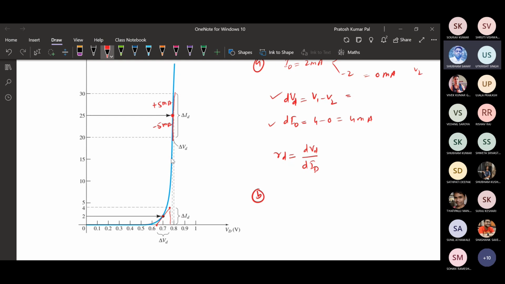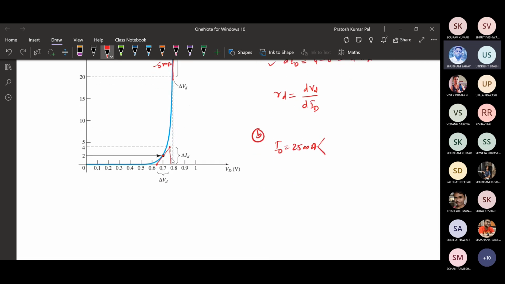So at ID equal to 25 milliampere, we get 25 plus 5 and 25 minus 5, that is 30 milliampere and 20 milliampere. At this 30 milliampere, what is the value of Vd, V1? And at this 20 milliampere, what is the value of Vd, that is V2? So the change in Vd will be V1 minus V2, and the change in Id will be 30 minus 20. From there we can find out the RD.